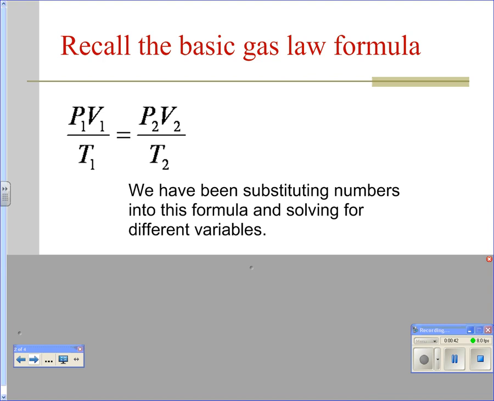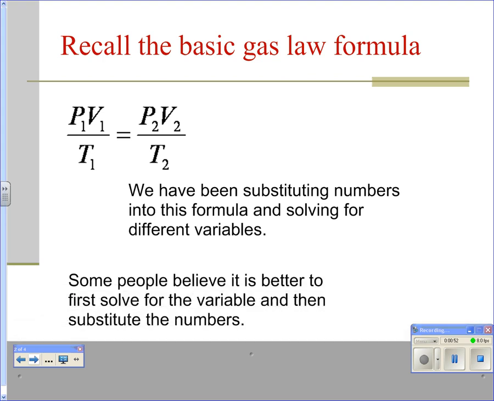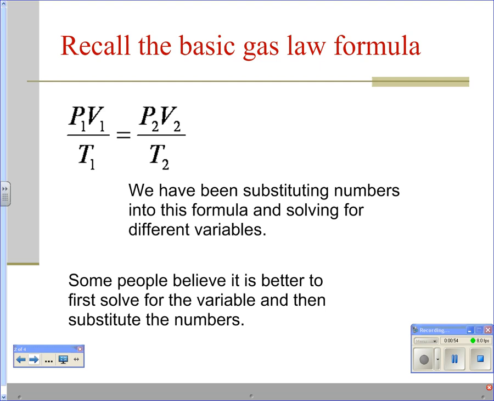What we've been doing is just plugging in everything and then simplifying to solve for our missing value, right? We just put them all in and solve. Some people think it is better to simplify the top equation for whatever you're looking for and then plug in.